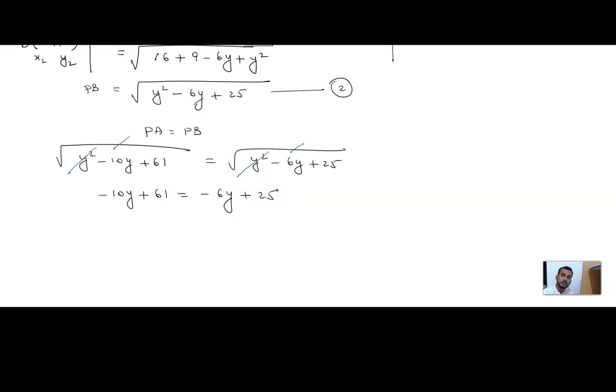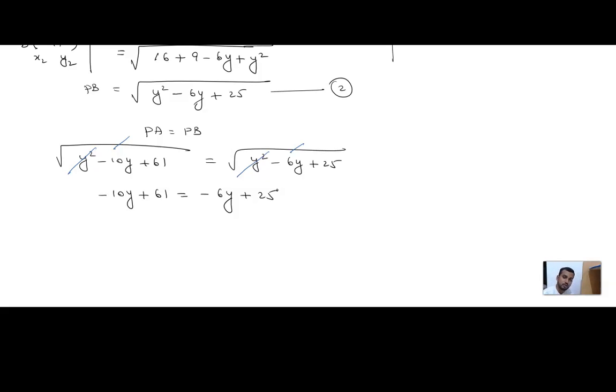Now you can take numbers on one side and y terms on the other side. Here minus 10y, here minus 6y. Which number is bigger? Forget about the minus, just see the numbers 10 and 6. Who is bigger? 10. So try to bring this minus 10y to the RHS so that you won't get a minus common factor to remove, or some kind of calculation like what we did in the previous case.